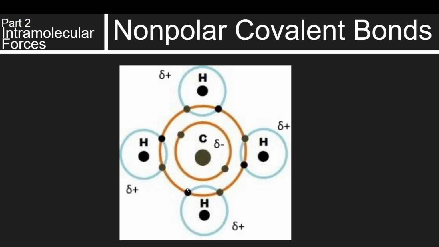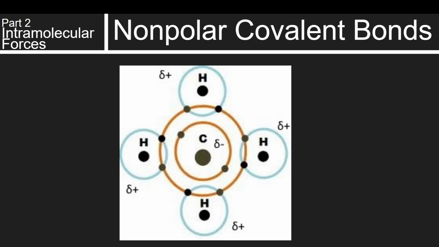So it's going to have a pyramidal shape where these are all on the outside like a pyramid. And at every point of that pyramid, it's going to be giving out a positive partial charge, so there is no polarity. It's all the same charge on the outside, so it's nonpolar. And that's the core idea of a nonpolar covalent bond.